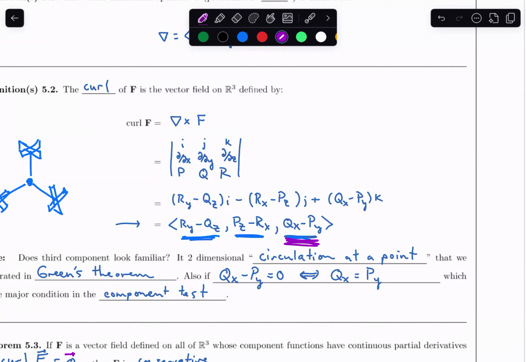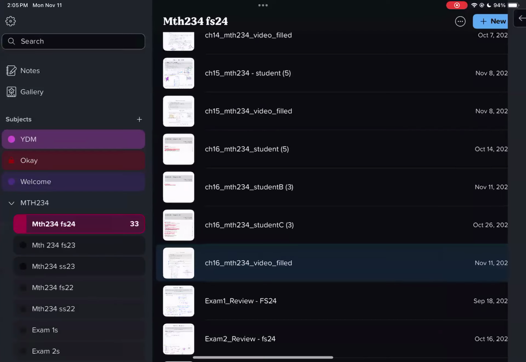So it at least makes sense that this has something to do with the circulation in the XY plane. And then you can also see all the partial derivatives. In the first one, these are Y's and Z's, hence the circulation in the YZ plane. These ones are X's and Z's, hence the circulation in the XZ plane. And partial derivatives with respect to X and Y for the last one, hence the circulation in the XY plane.